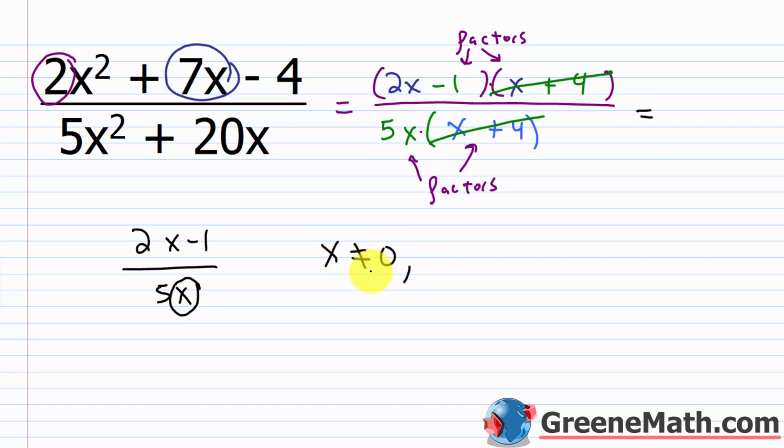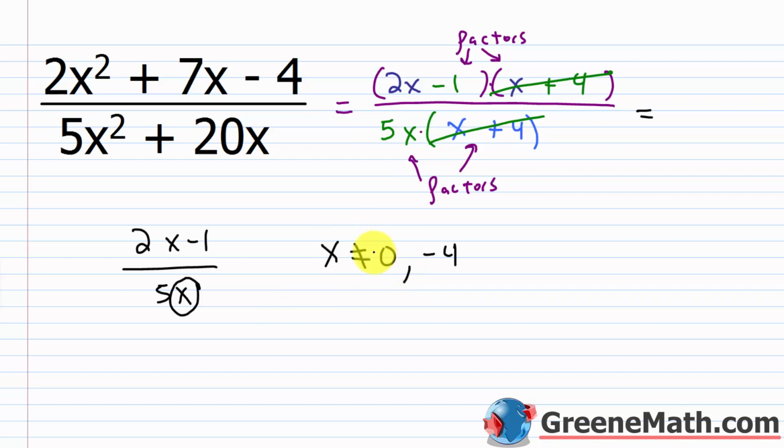X can't equal 0, but x also can't equal -4. And the reason x can't equal -4 is we have to think about this in terms of the original rational expression. With the original rational expression, if I factor the denominator, I have 5x multiplied by the quantity x plus 4. We know 5x being set equal to 0 would give me a result of x equals 0.